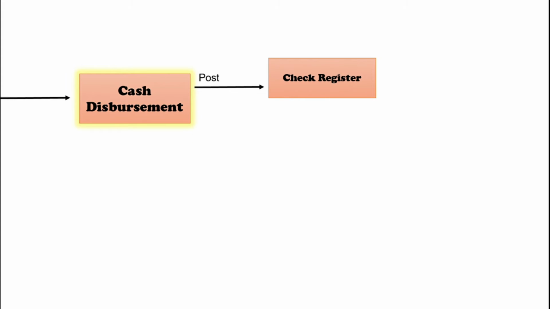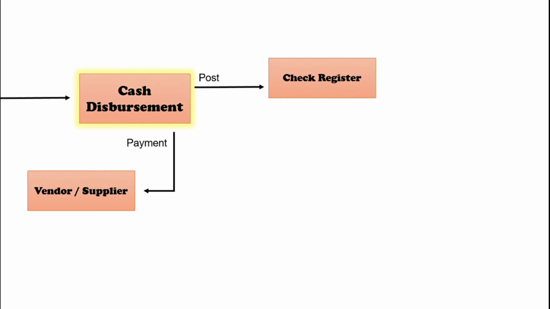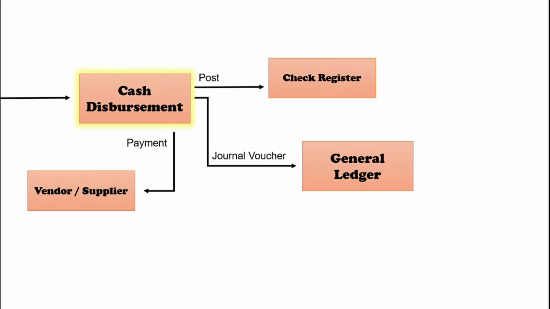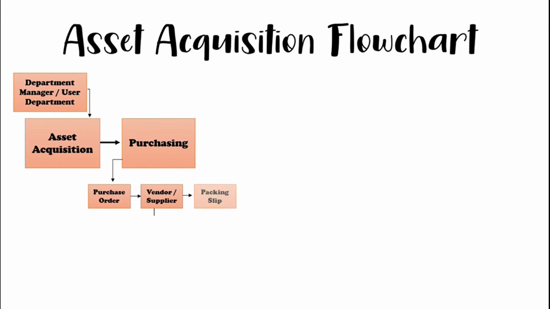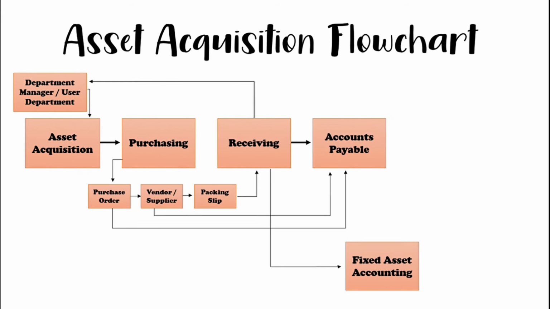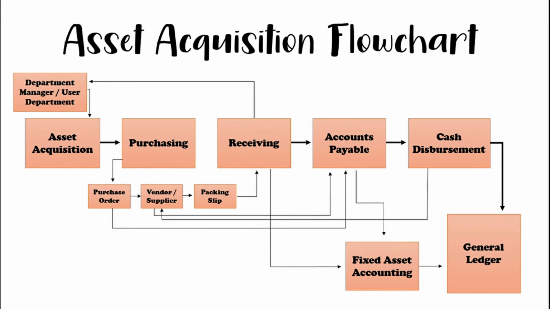After, the cash disbursement department will post the cash disbursement voucher to the check register and release the said voucher as the payment to the supplier. Then, a journal voucher from the acquisition will be posted to the general ledger. Here's a summary flowchart of the asset acquisition, from acquisition to posting to the general ledger.